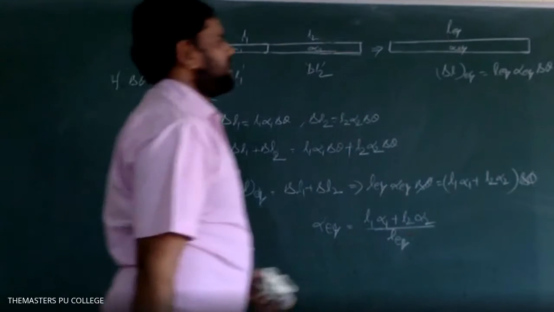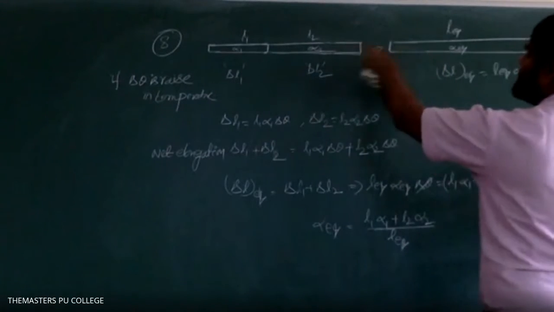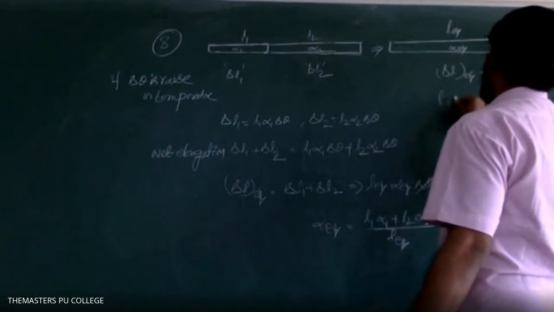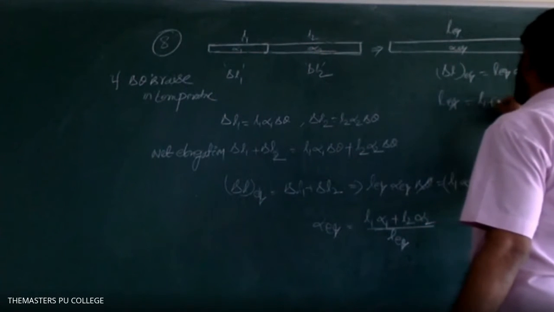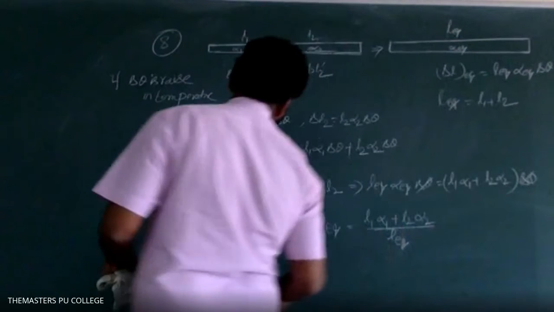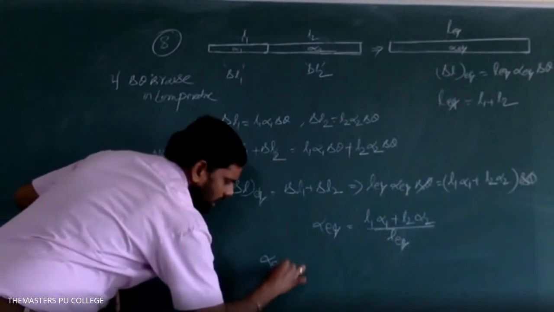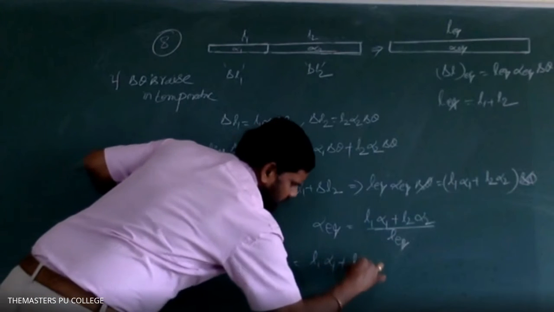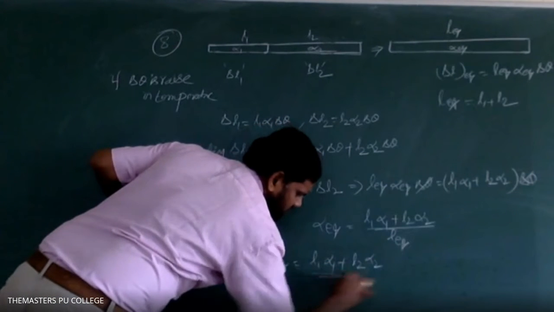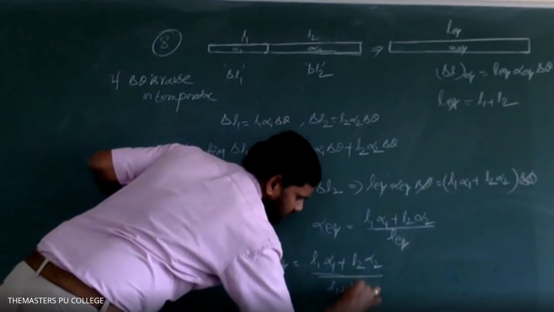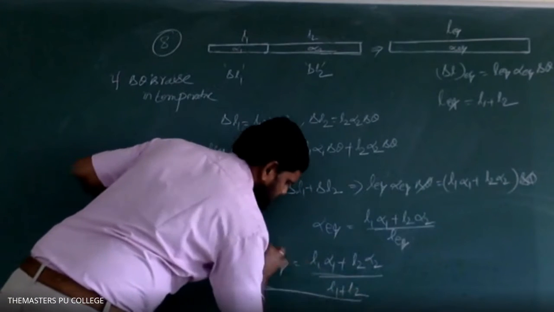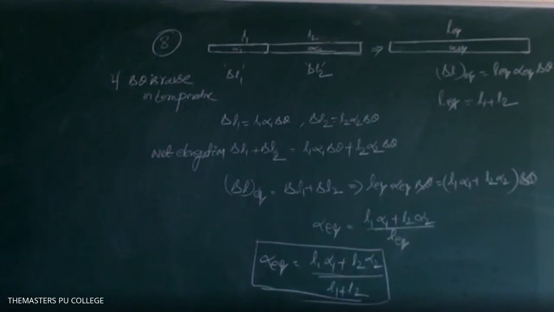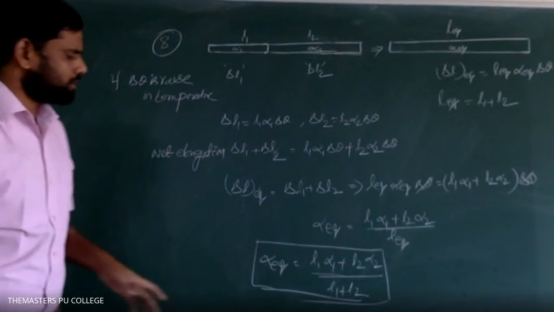The equivalent length must be the sum of these two lengths L1 and L2, so L equivalent equals L1 plus L2. Substituting that, alpha equivalent equals L1 alpha 1 plus L2 alpha 2 divided by L1 plus L2. So this is the formula to calculate the equivalent coefficient of linear expansion.